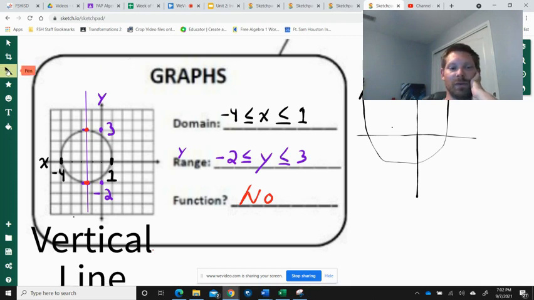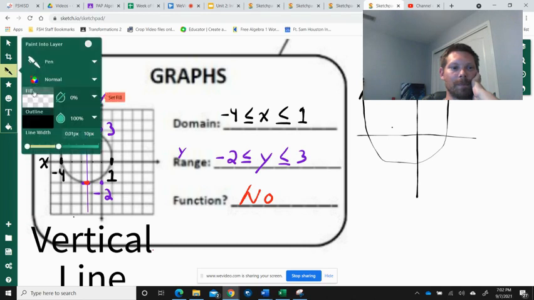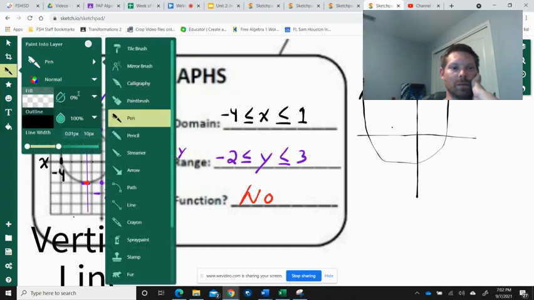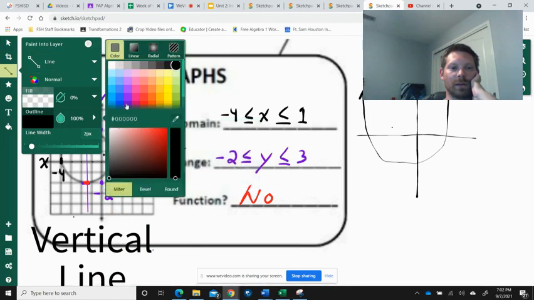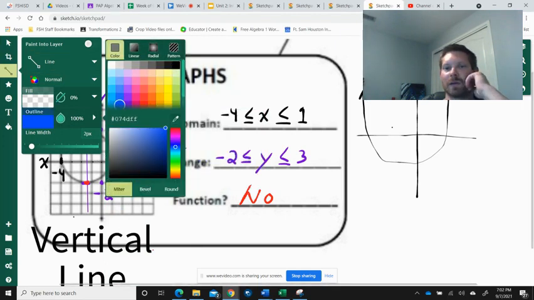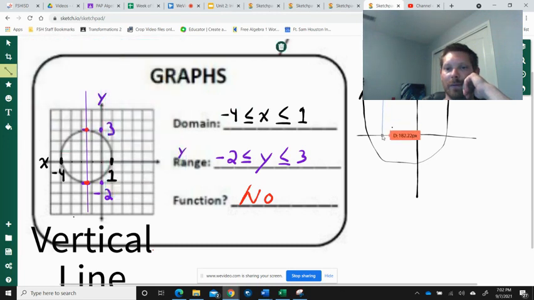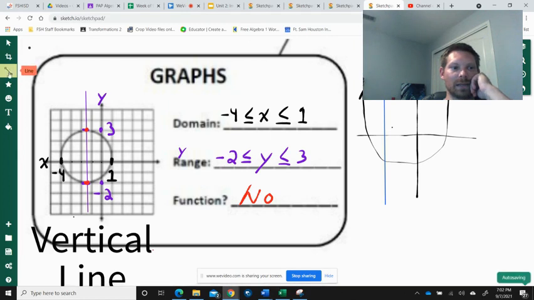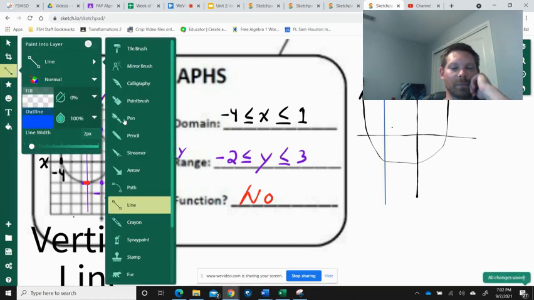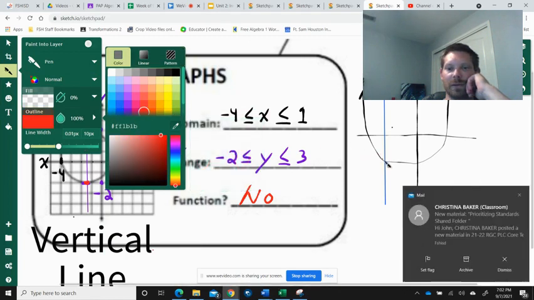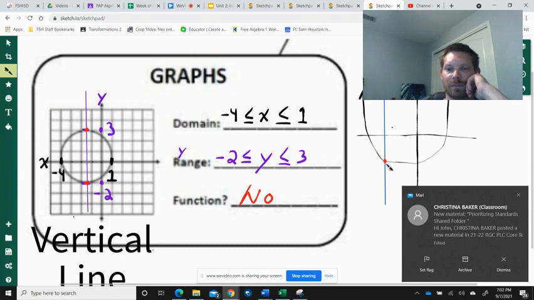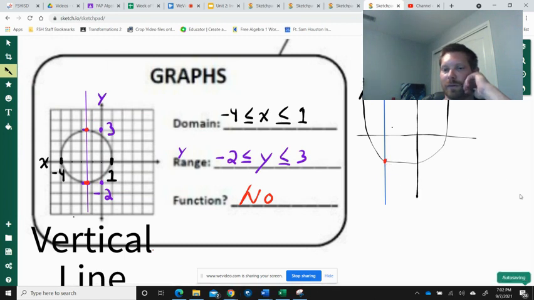But if I do the vertical line test on this function, I'm going to pick anywhere on the function and just draw a vertical line. Does the function cross that line more than once, yes or no? Well, hopefully it's easy for you to tell. It only touches one time, so this we would say yes.